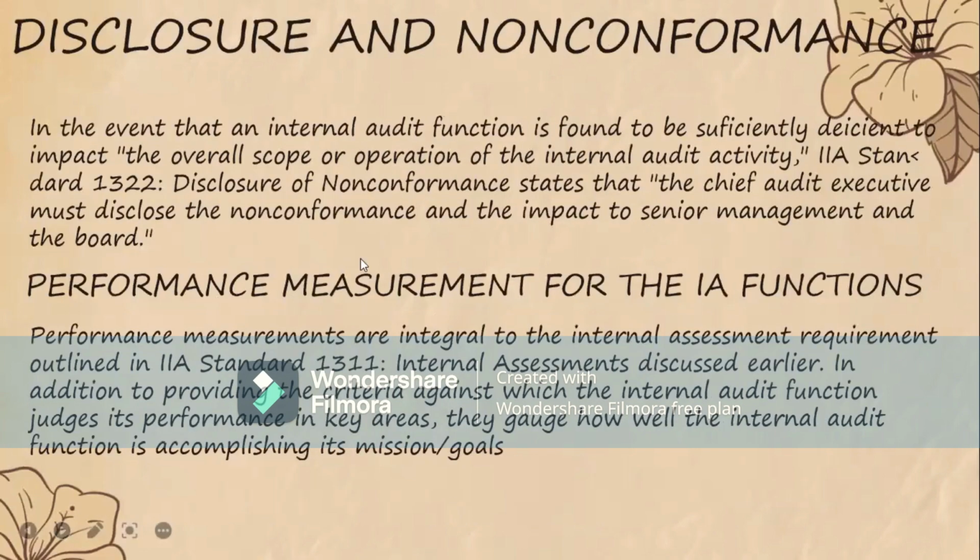The standard also speaks of disclosure of nonconformance in the event that an internal audit function is found to be sufficiently deficient to impact the overall scope or operation of the internal audit activity. IIA Standard 1322, disclosure of nonconformance, states that the chief audit executive must disclose the nonconformance and its impact to senior management and the board.